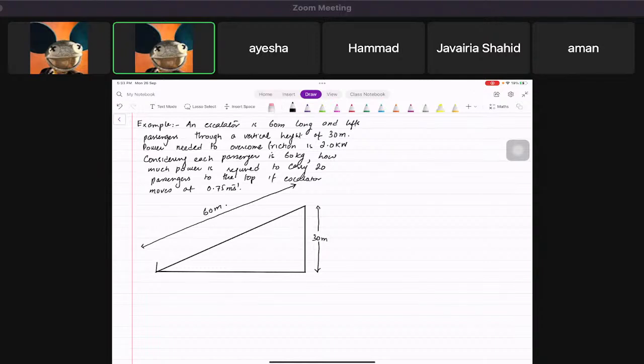So the people are moving at a speed of 0.75 meters per second.